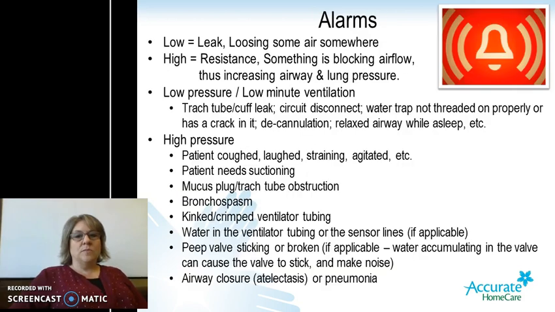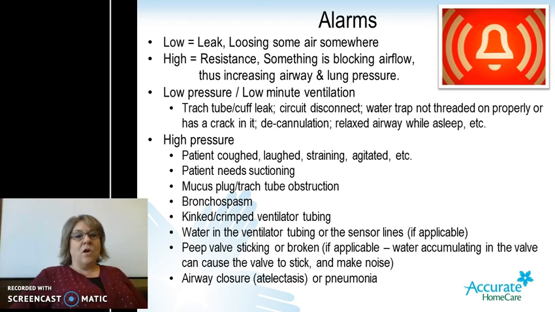To summarize alarms, in your Elsevier module, you will notice that they go into alarms in depth. This is just a summary. If you have a low type of alarm, you have a leak, you are losing air somewhere. The ventilator is not going to tell you where you are losing the air, but it is going to tell you that there is a leak or a low something going on.